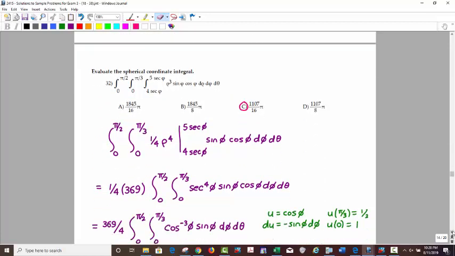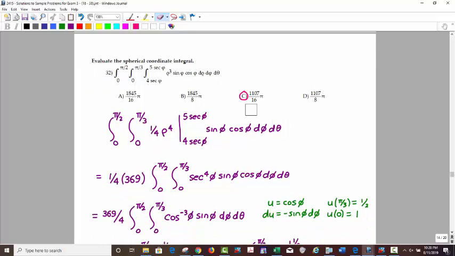Number 32. This one is already in spherical coordinates, so we are just manually integrating it. In other words, nothing needs to be set up. They're using some way of printing the phi that we normally see in our book.